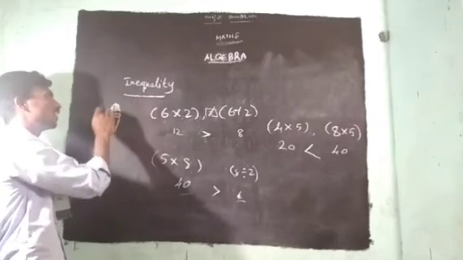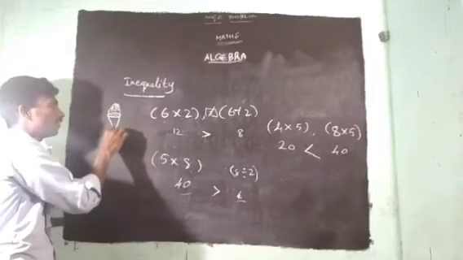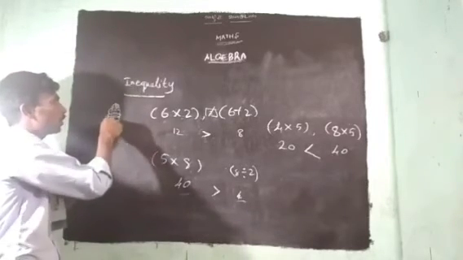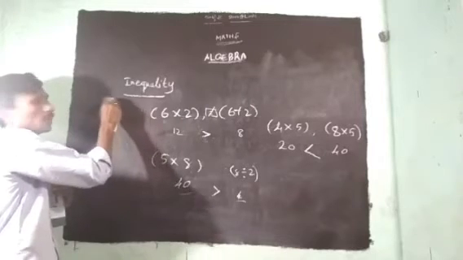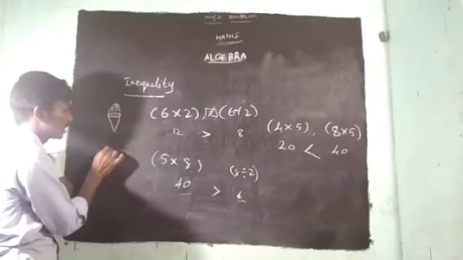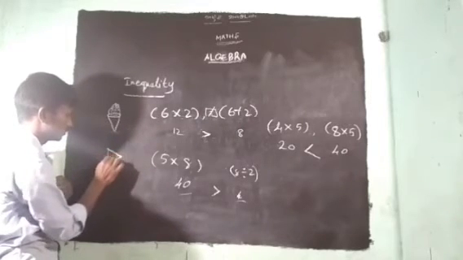So they will fill the cream here. If they fill the cream there, it can't be held. So this symbol is greater than. This represents smaller than.